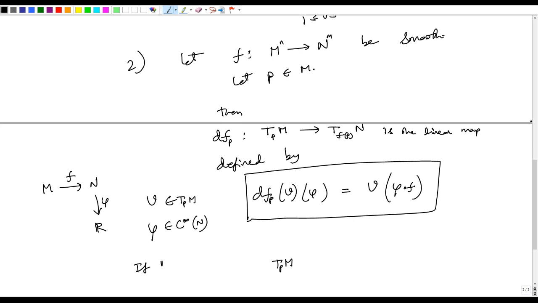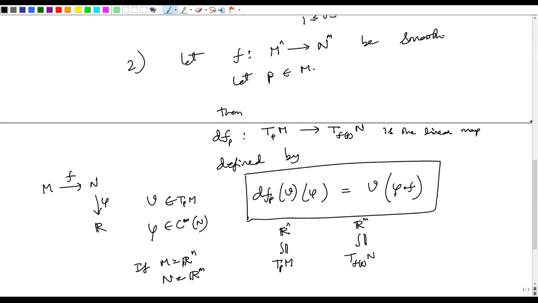if M equals Rn, N equals Rm, then I have this identification with Rn and Tf of Pn. And this identification is not just the fact that TPM is an n-dimensional vector space, which says that it is isomorphic to Rn in general.